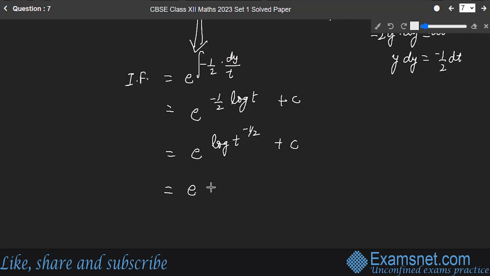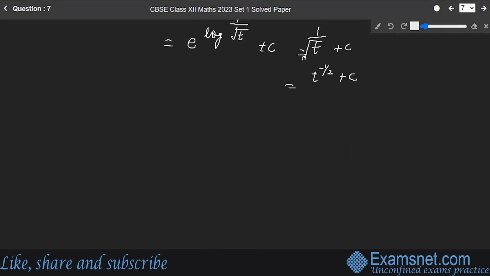This is equal to e raised to power log of 1 by root t plus the constant. So this is equal to 1 upon root t plus the constant, or this is t raised to power minus 1 by 2 plus the constant. What is t raised to power minus 1 by 2? I'll just write from here only 1 upon root of 1 minus y square plus the constant.